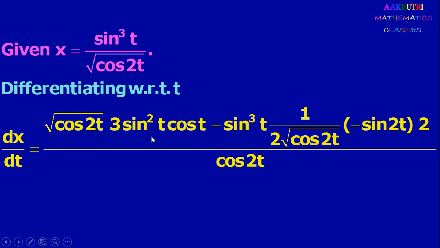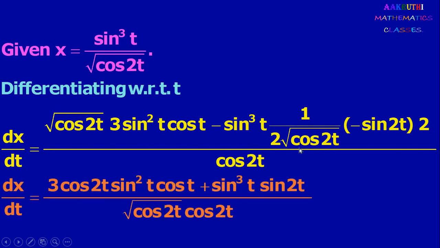And here we can take common denominator and we can simplify. Here 2 gets cancelled and root of cos 2t is common denominator and we can take it to the denominator. And we can write cos 2t into root of cos 2t in denominator. It is root of cos 2t into cos 2t. And here we have to multiply this. Root of cos 2t into root of cos 2t is root of cos 2t whole square, square root cancel.